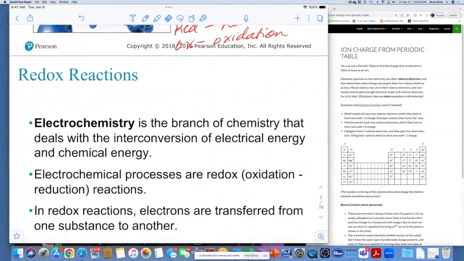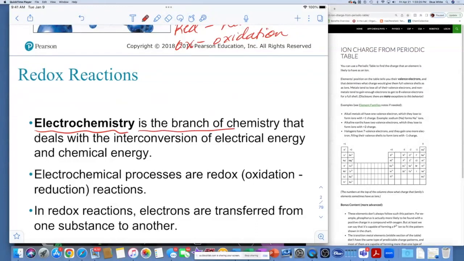So in defining electrochemistry, we're seeing that electrochemistry deals with electricity. We know that electricity is formed when you have electrons moving, right? Moving through a system, either moving through a liquid, moving through a conductor, or moving through an atmosphere. But in this case, once again, moving electrons generates electrical energy, which results in electricity.